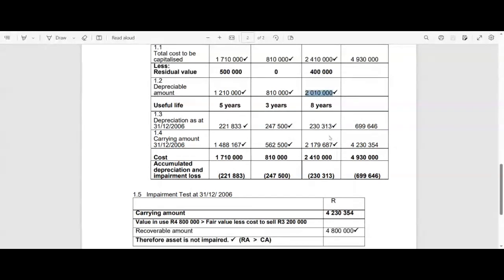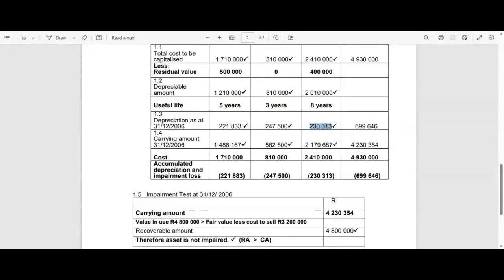But once again, this plant is not available for the full 12 months. We have to apportion our depreciation expense. So we multiply that by 11, divide by 12, gives us 230,312.50.